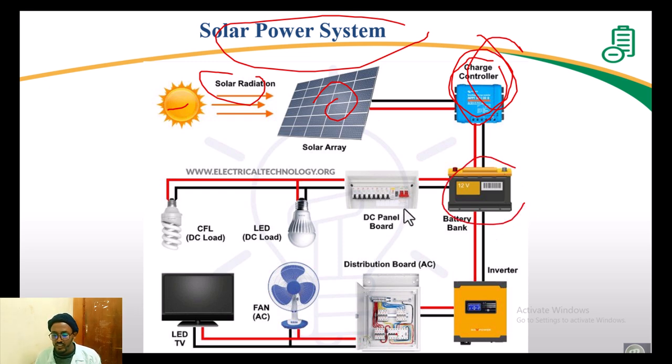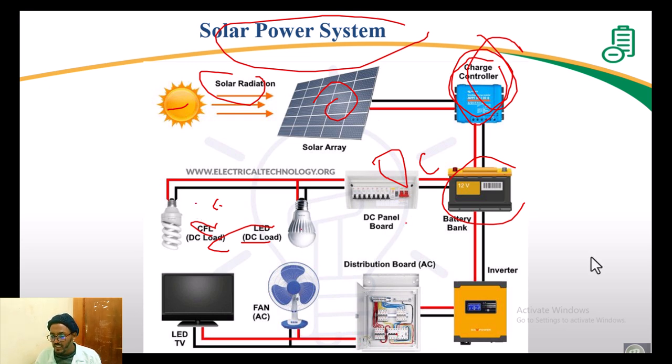In the DC part, right here, we have the DC panel board, and then the LED DC load and also the CFL DC load. CFL means compact fluorescent lamp. So we can power these DC loads.